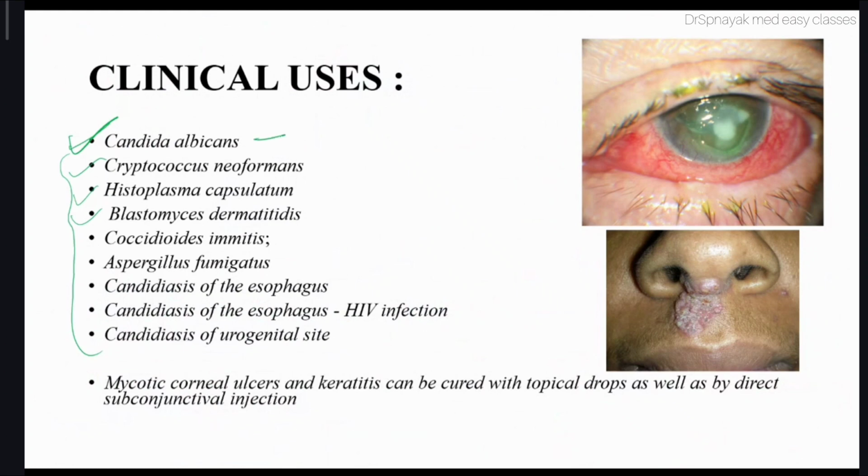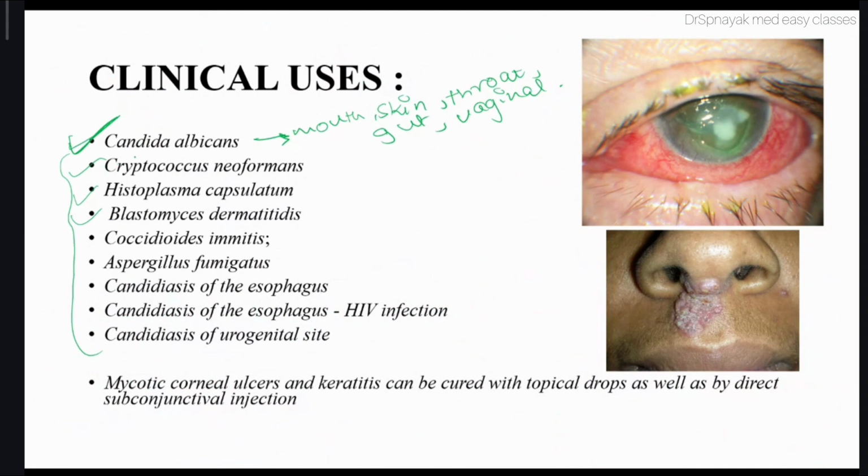Candida albicans causes mouth infections, skin infections, throat infections, gut infections, and vaginal infections. So amphotericin B becomes a drug of choice against Candida albicans.